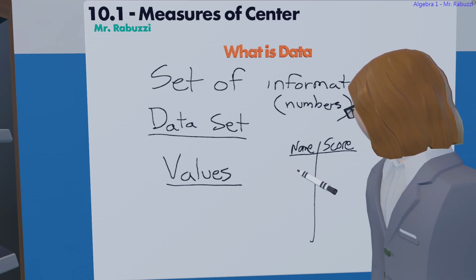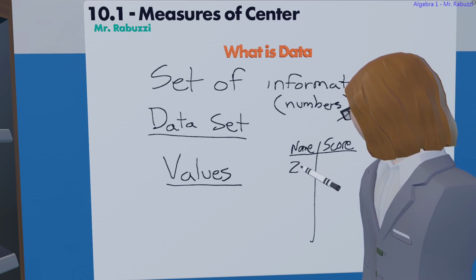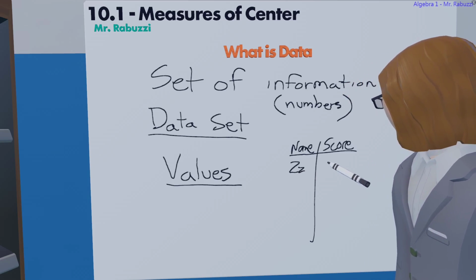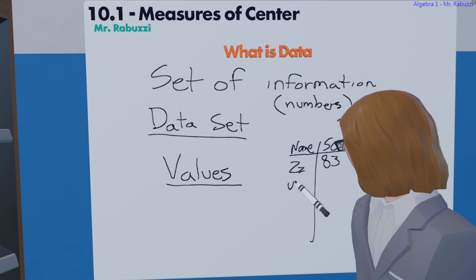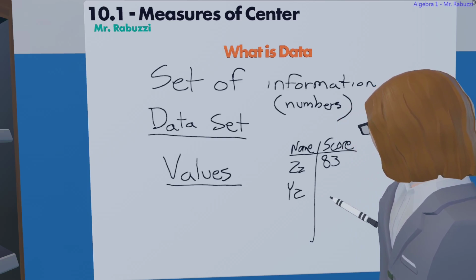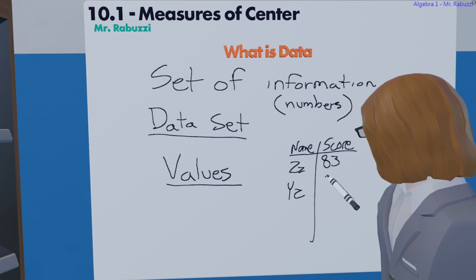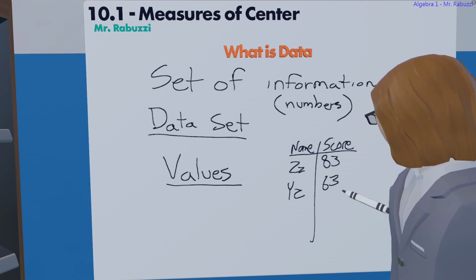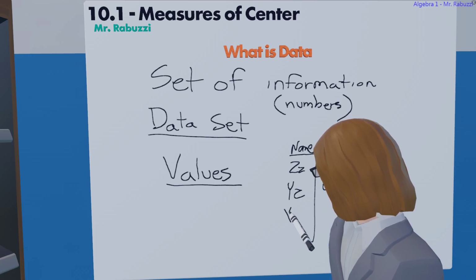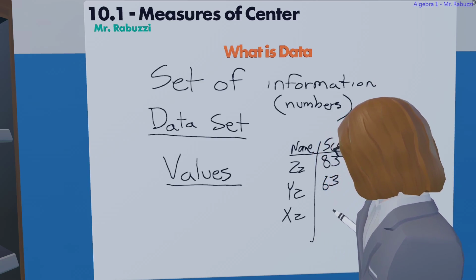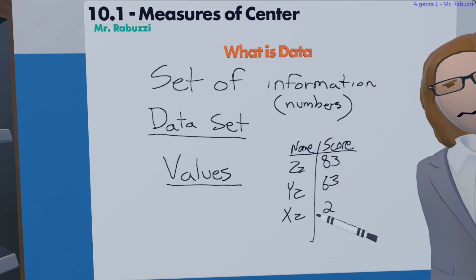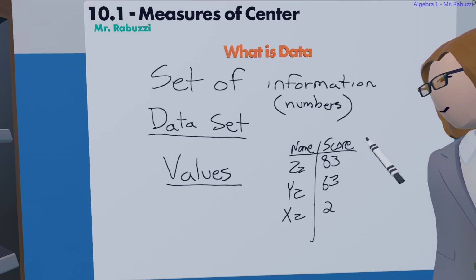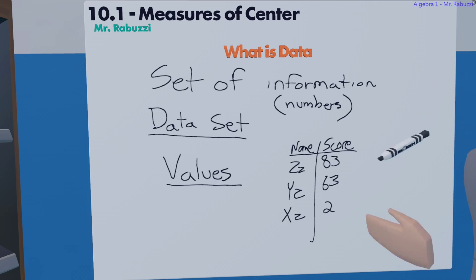So the student named ZZ, he got a score of 83, you know, and then the student named YZ, he got a score of 63. And then the student named XZ, they got a score of 2. You know, there's my values of my data set. The whole thing is the data set, and these are my values.